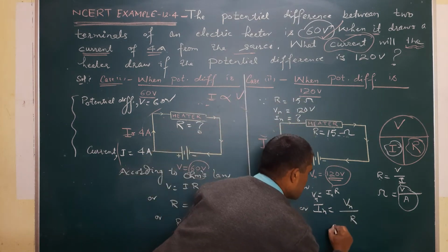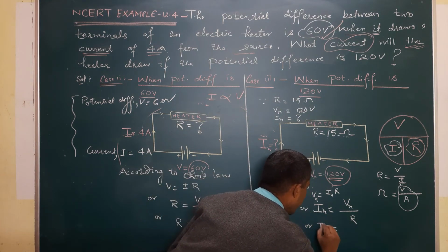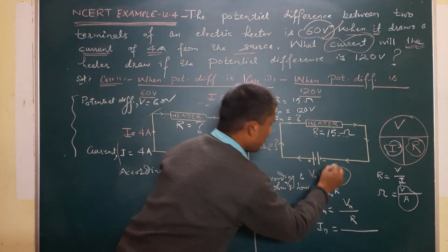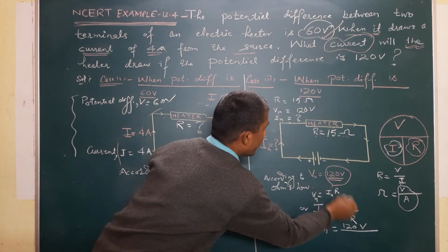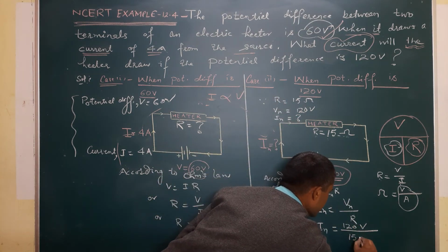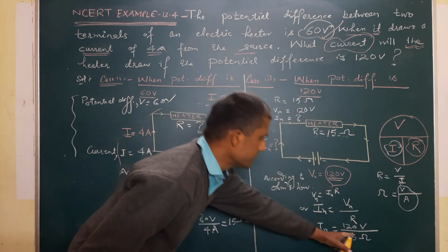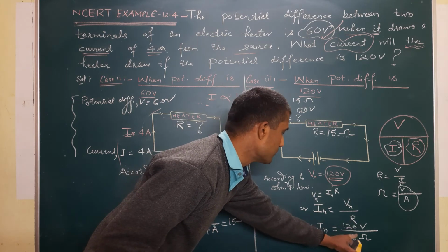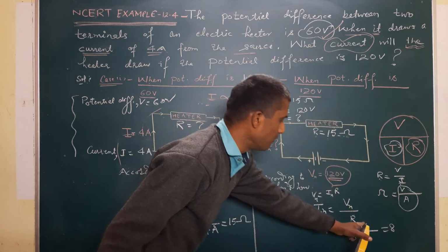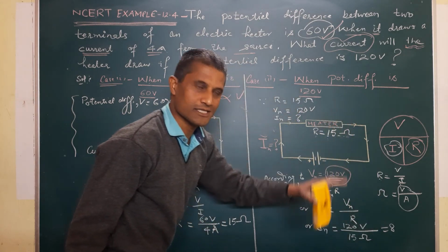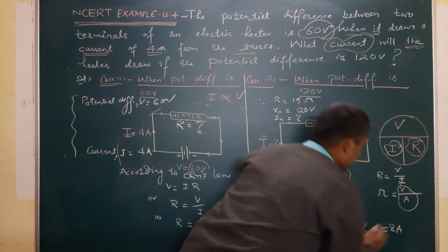So we are going to put up the values over here. IN, Vn, how much is it? 120 volt, and R, how much is it? 15 Ohm. And you can solve it. 120 divided by 15 comes out to be 8. And volt upon Ohm is going to be ampere.